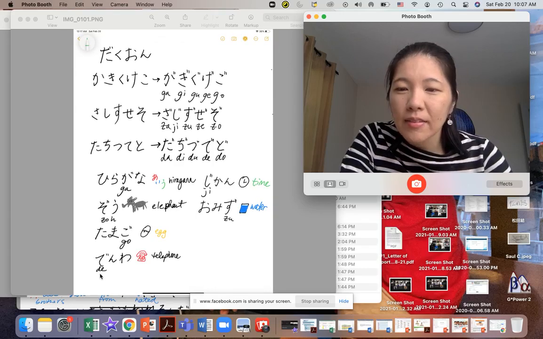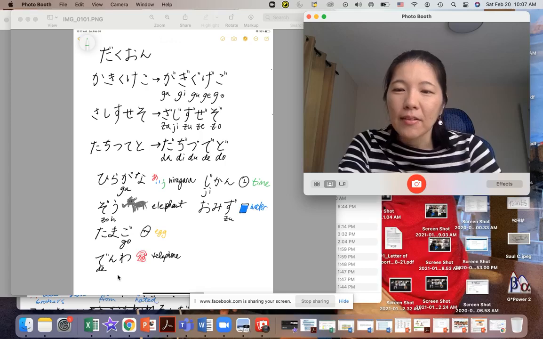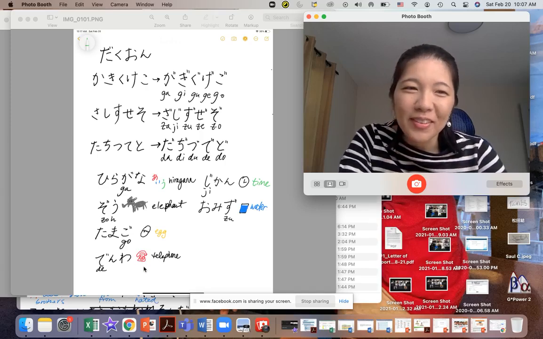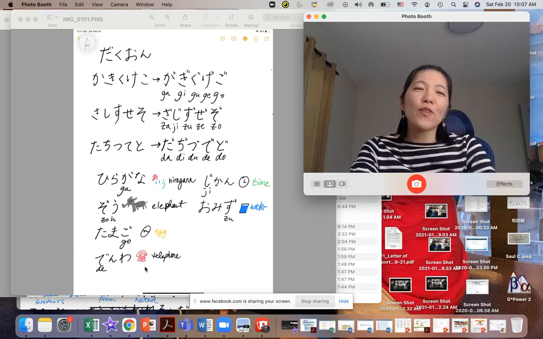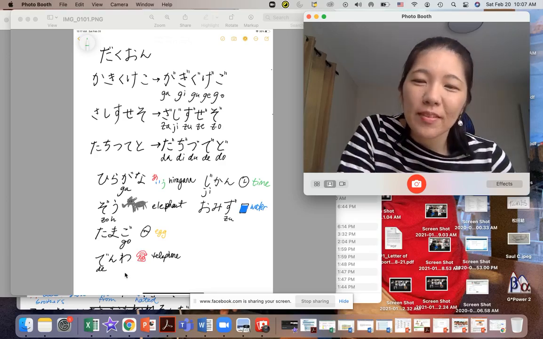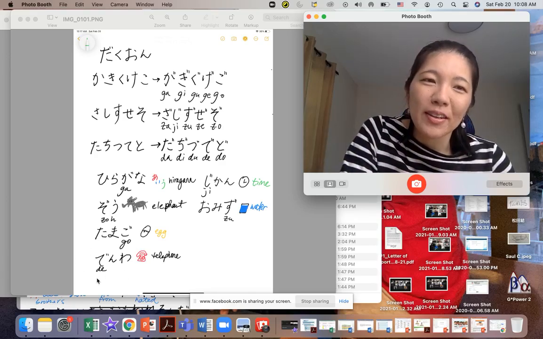And then the next one is denwa. Denwa, this is old style telephone. So cell phone would be keitai denwa. Keitai means portable. So denwa is the telephone part.